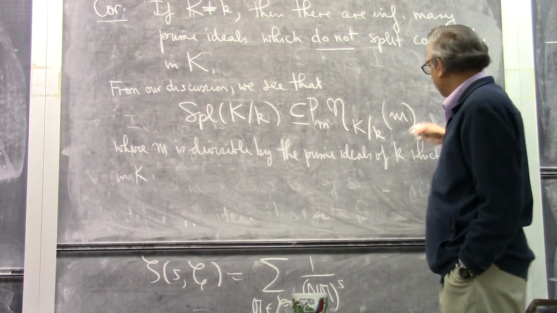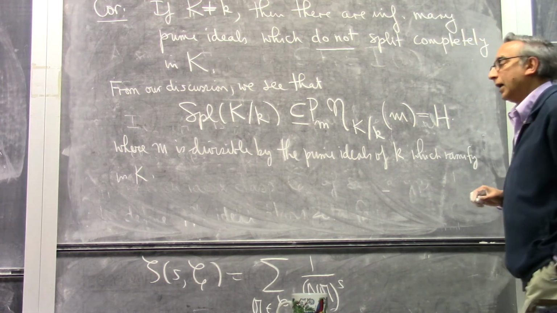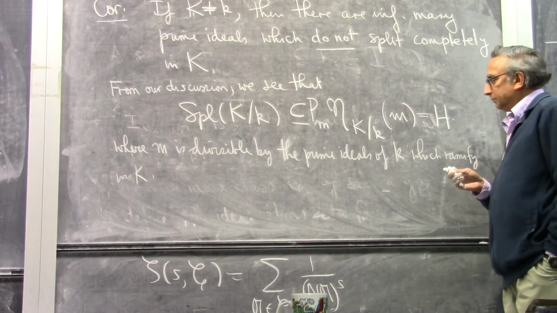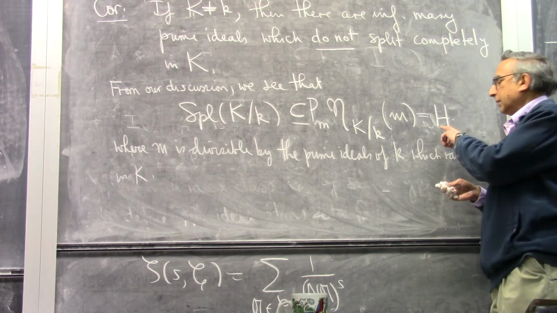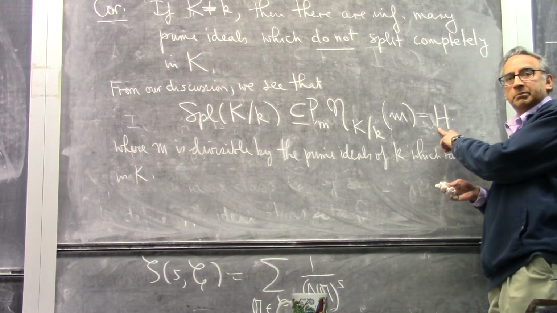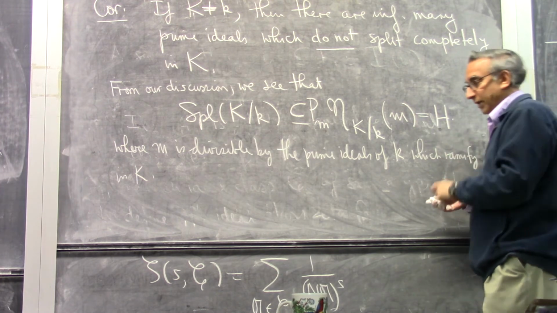And so let's call this group H, as we did earlier. And we see that the density of prime ideals that belong to this particular H is larger than the split primes, right?